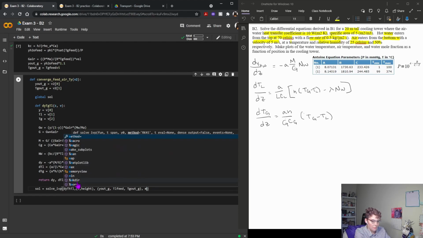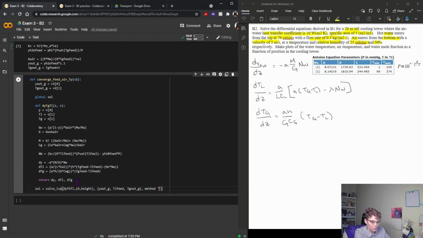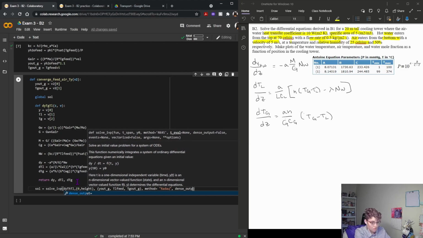Then we are going to set our method to Radau, need an equal sign, and then we are going to solve along the whole spectrum, so we need to set our dense output to true.